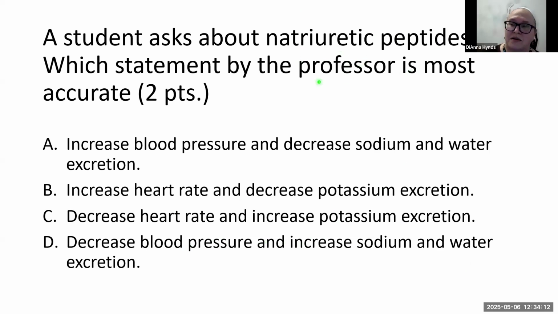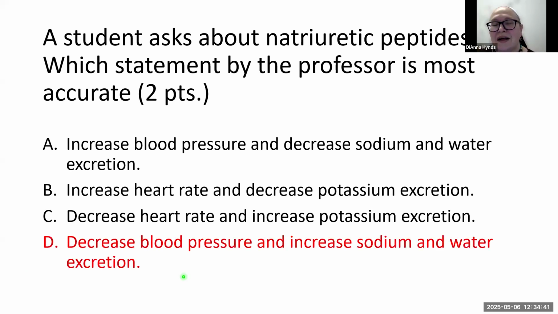Natriuretic peptides are produced by the heart and the brain, and you just have to know what they kind of do. And so the best answer here, and I'll move to the next one, is going to be D.